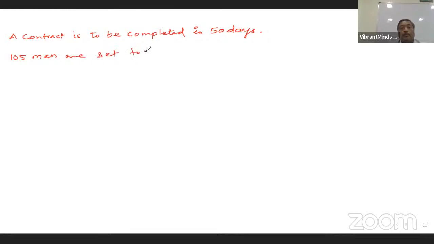It says a contract is to be completed in 50 days. 105 men are set to work, each working 8 hours per day.